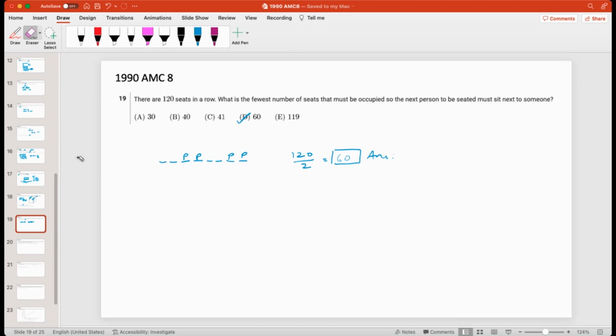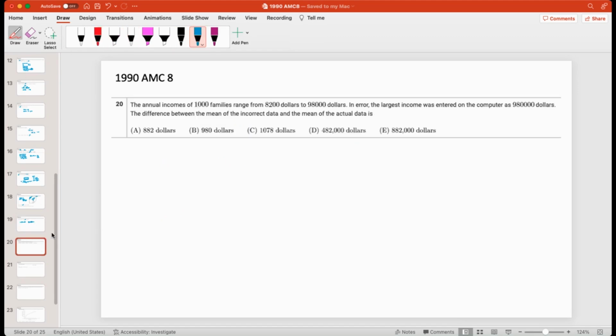Okay. Now going to the next question. Annual incomes of 1,000 families range from $8,200 to $98,000. In error, the largest income was entered on the computer as $980,000. Find the difference between the mean of the incorrect data and the mean of the actual data.